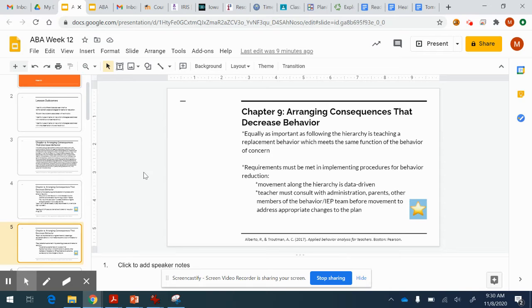The IEP team has to come to a conclusion that yes, this is the next best step. Now that doesn't mean that you have to have a formal sit-down IEP meeting every time a change needs to be made, but everyone needs to be informed and everyone needs to be in agreement and on the same page.